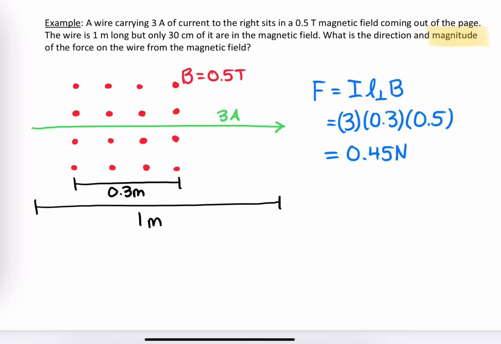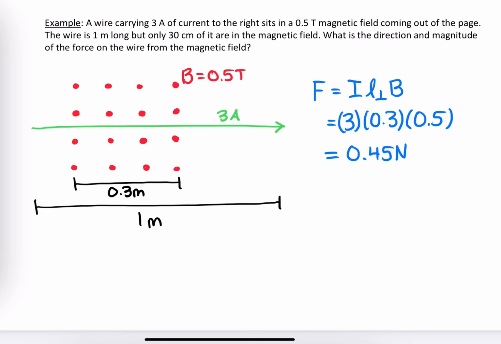Well, that's where our second right-hand rule comes in. This wire is being affected by this magnetic field. It's feeling a force from it. So we're going to use our second right-hand rule. Take your right hand. Put your pointer finger in the direction of the magnetic field. That's the dot, so that's coming out of the page. Your finger's coming out of the page. Now your thumb goes in the direction of the current. That'll be to the right of the page. So finger's coming out of the page, thumb is going to the right. And then your middle finger points perpendicular to both of those, coming out of your palm. It should be pointing down towards the bottom of the page.